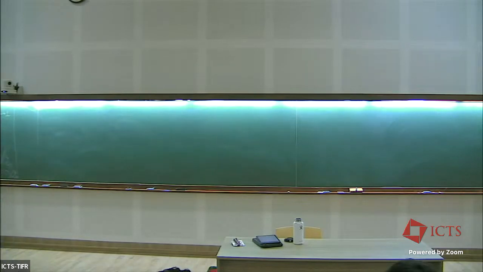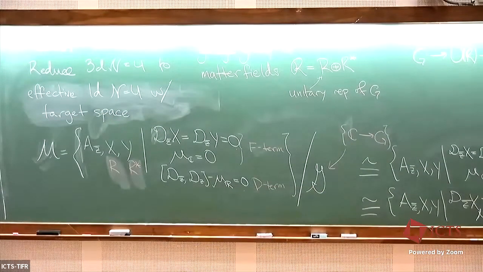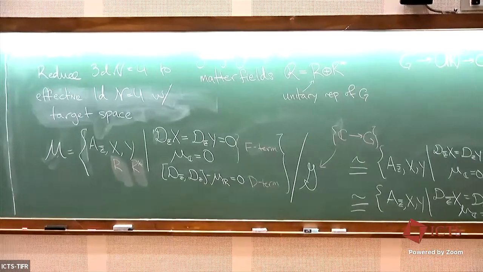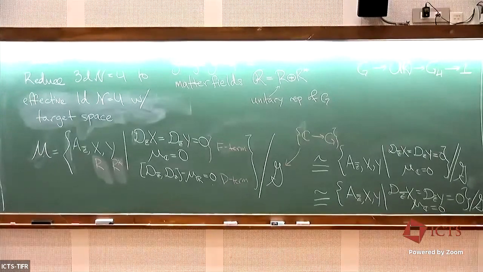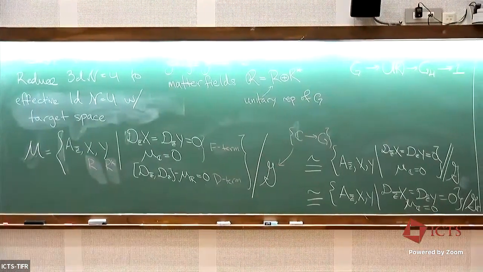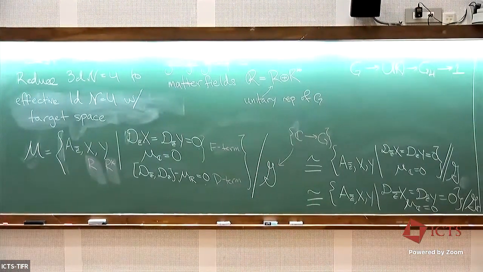But last time we talked a bit about 3D N=4 quantum field theories. In particular, we took those 3D N=4 theories that I sketched very briefly and reduced them down to one dimension, to these 1D N=4 quantum mechanical theories that we talked about in the first two lectures.